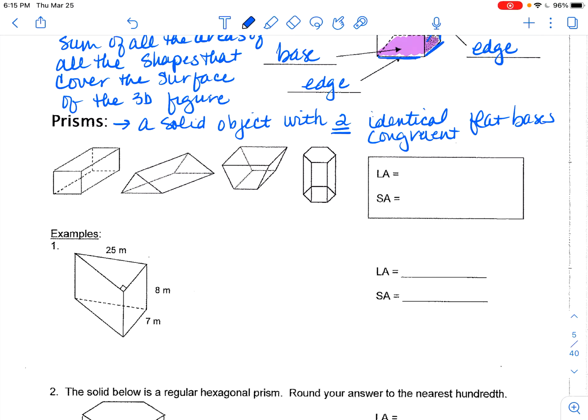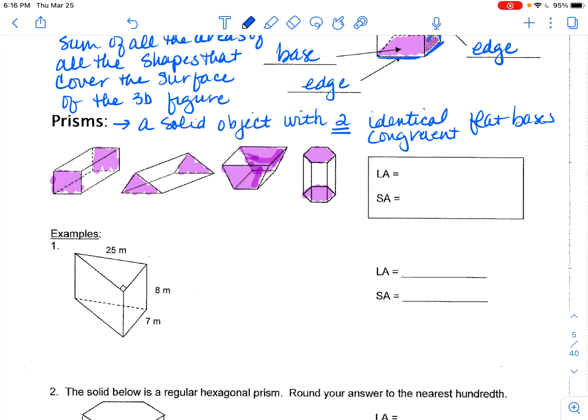So we have two flat bases, and in each of these there's one. The base on this one is going to be this back trapezoid and this front trapezoid. Those are the two congruent bases. And on this hexagonal prism, of course, the hexagon on the bottom and the top.